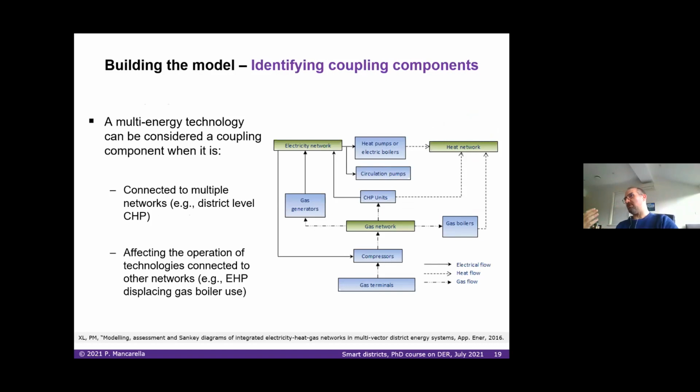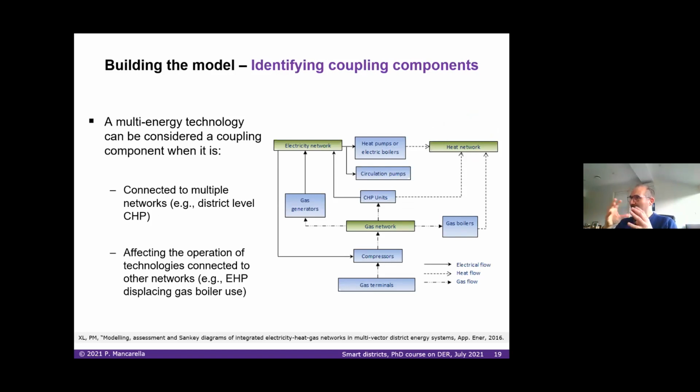One approach is to start from the coupling technologies that you can have in your system. For example, an electric heat pump is coupling the electric system to the heat system of a building, or it could also be coupling the electricity system to a heat network, if you use a large-scale heat pump to produce heat, and then heat is distributed to different buildings. Or you could also have cooling.